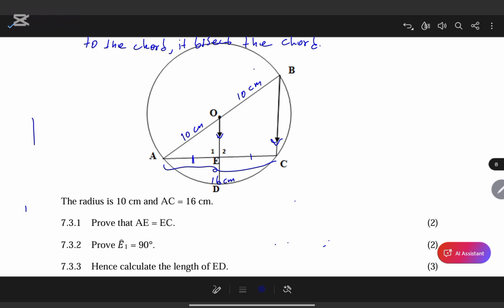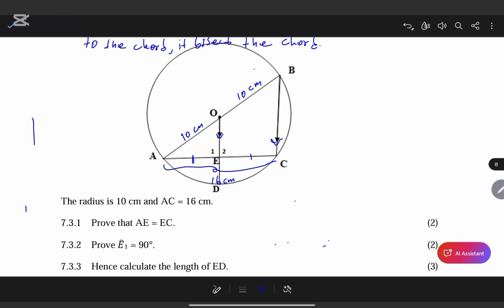Many of you got this wrong because you tried to use the theorem that is given in this question. Theorem number 1, which says a line drawn from the center to the midpoint of the chord is perpendicular. Now, you are not told that E is the midpoint. You are asked to prove that E is the midpoint. So that theorem falls out.